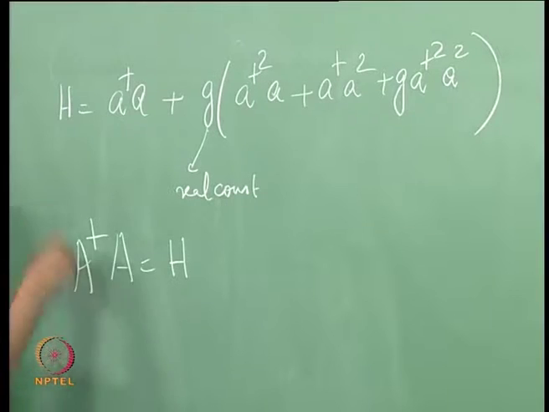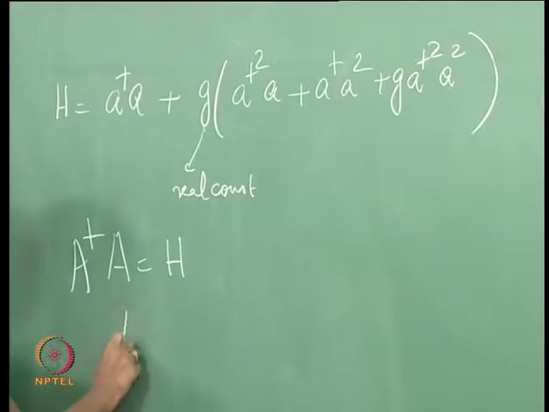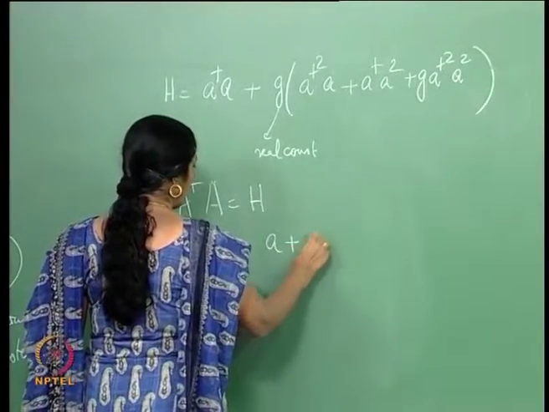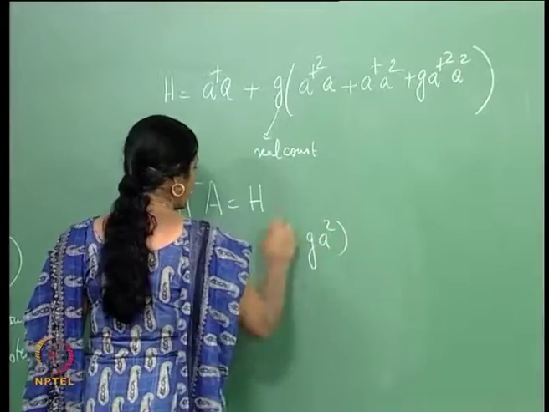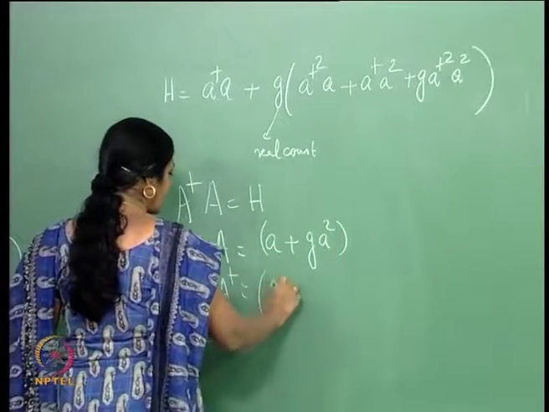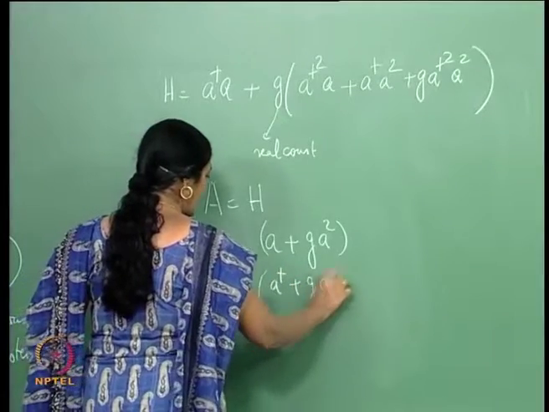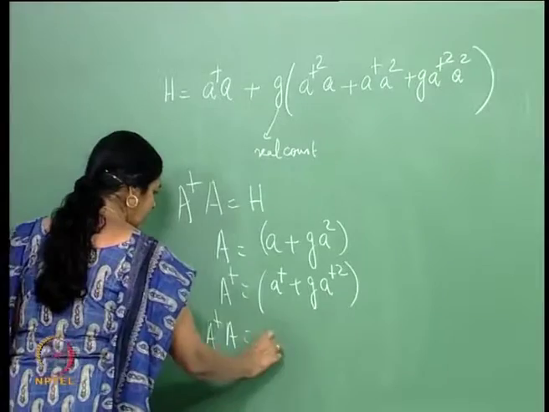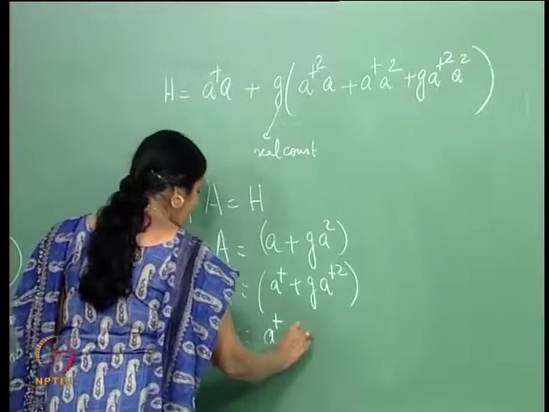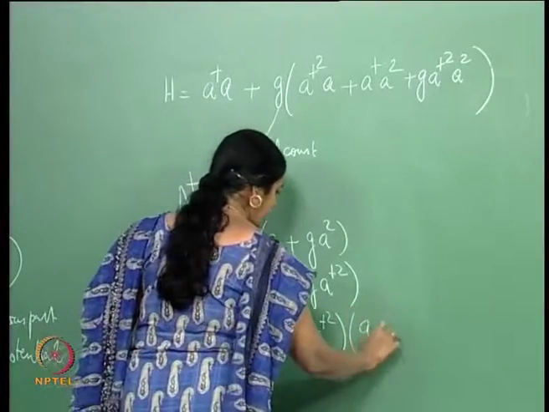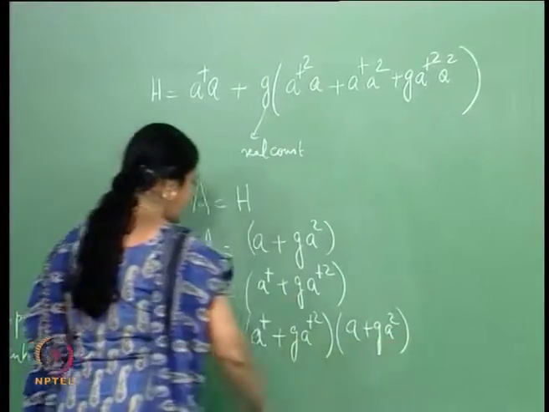Now, I can do that just by inspection, because if I write A as a plus G a squared, then A dagger is a dagger plus G a dagger squared, and A dagger A is a dagger plus G a dagger squared times a plus G a squared.